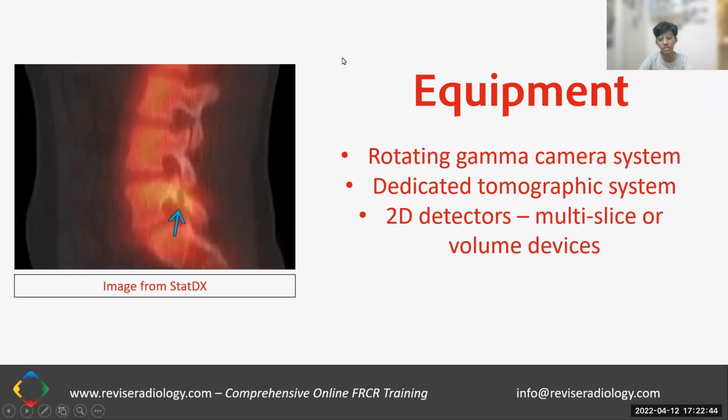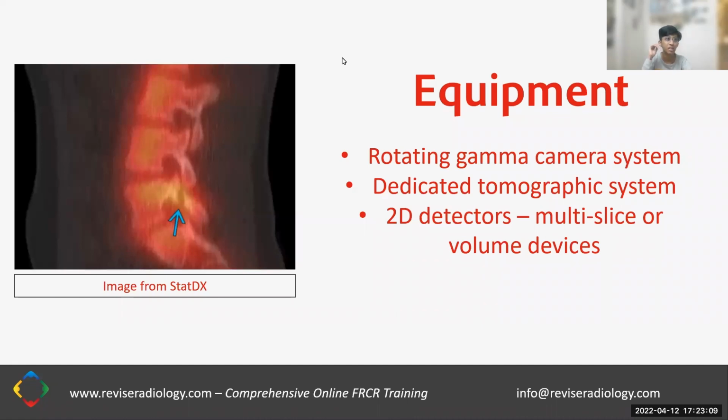Okay, so with all of this in mind, let's start looking at the equipment that is involved in taking these kinds of images. So first of all, we use a rotating gamma camera system. The patient is in the center of the equipment, emitting radiation in all directions.